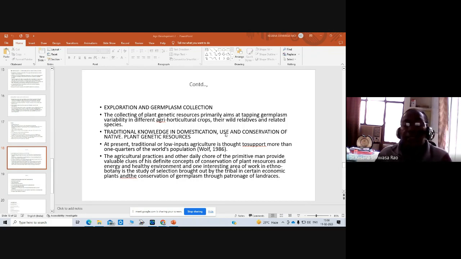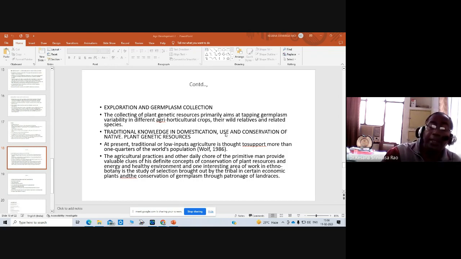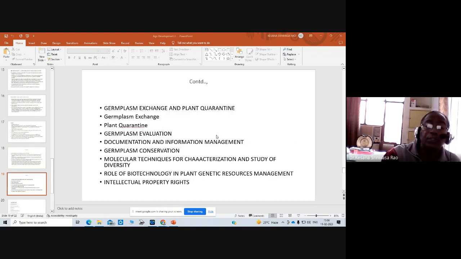An interesting area of work in ethnobotany is the study of selection brought out by the tribals in certain economic plants and the conservation of germplasm through patronage of landraces. Okay, so these are the most important things.